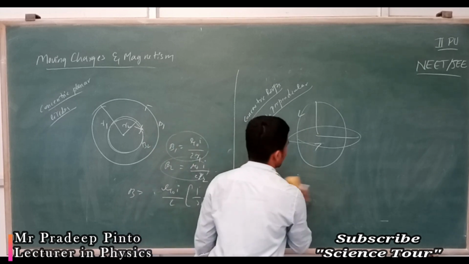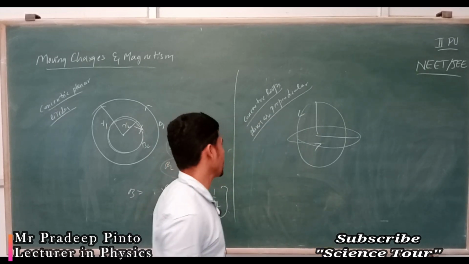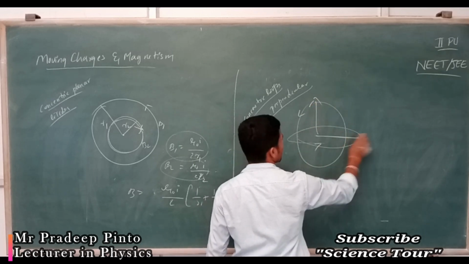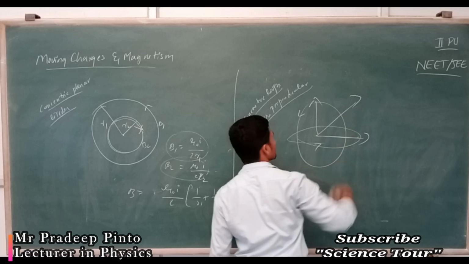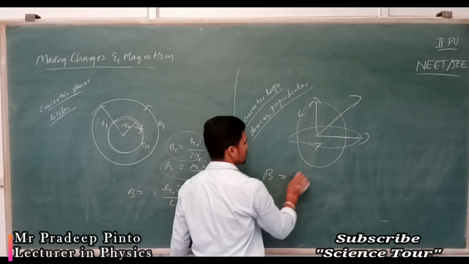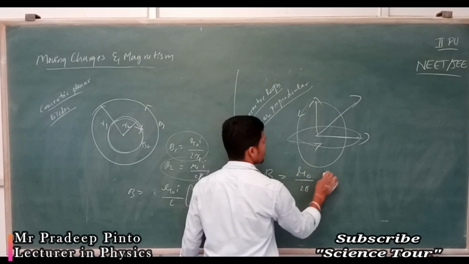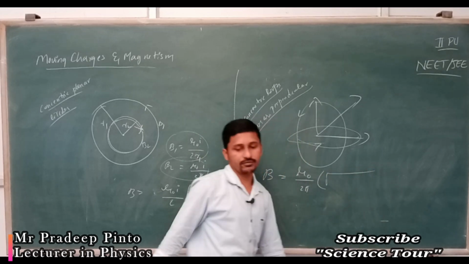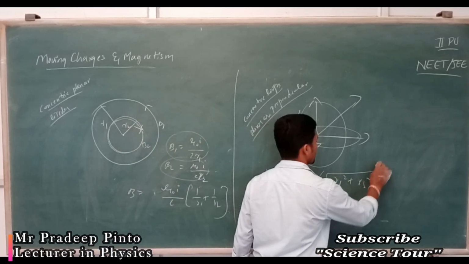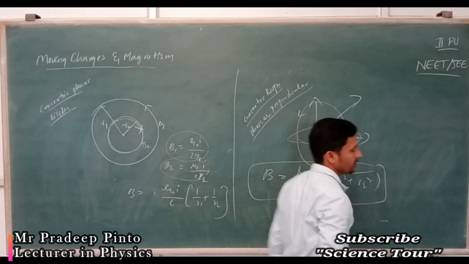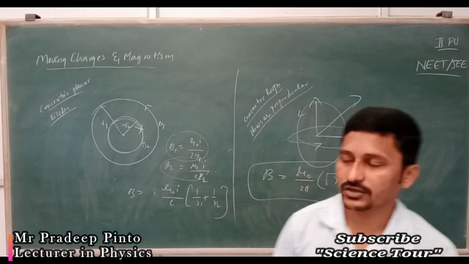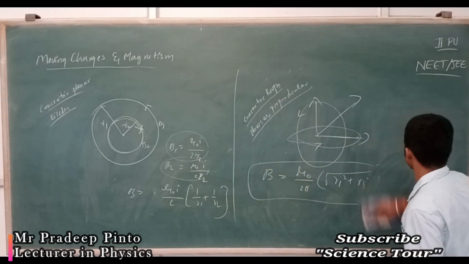Now because of the two planes perpendicular to each other, because of the horizontal one you will get it here, because of the vertical one you are going to get it here. So the net magnetic field must be like this, isn't it? The net magnetic field you are going to get is equal to mu naught divided by 2 pi into the square root of r1 square plus r2 square. You just have to remember the formula, and that is very important. So you have to understand the concepts. Okay, so these are the things.